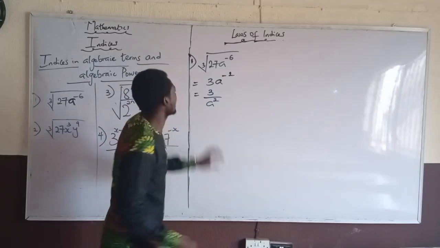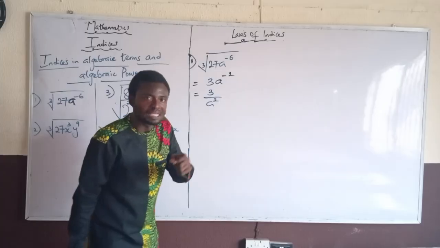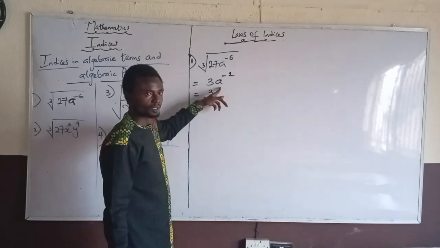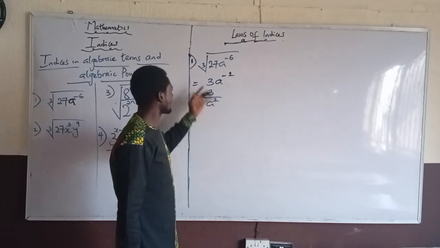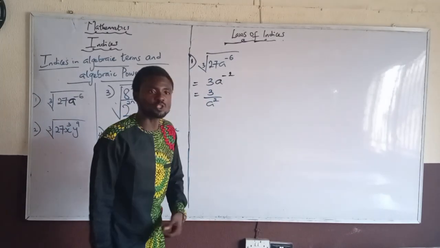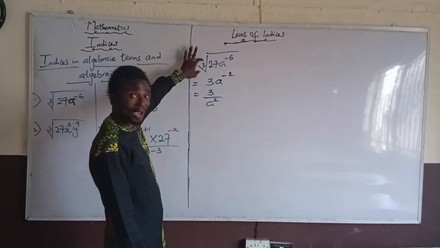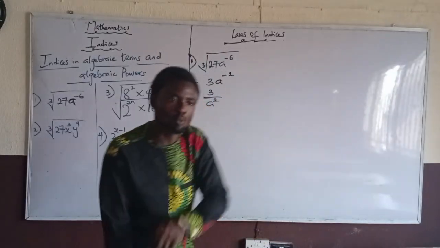I can also leave my answer this way because the minus 2 is only for A. Then if I look for a reciprocal, it becomes 3 over A raised to power 2. So that is number 1. Now let's assume that here was square root. I will do minus 6 divided by 2 because 2 is the number that represents square root.